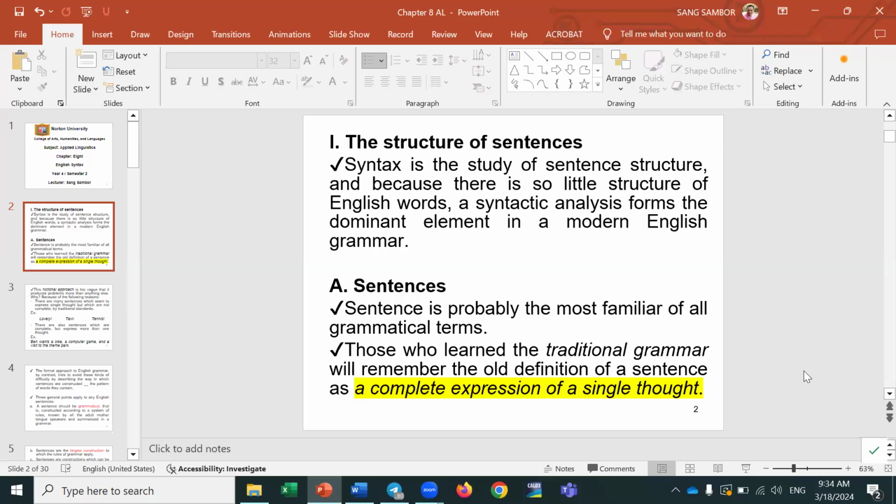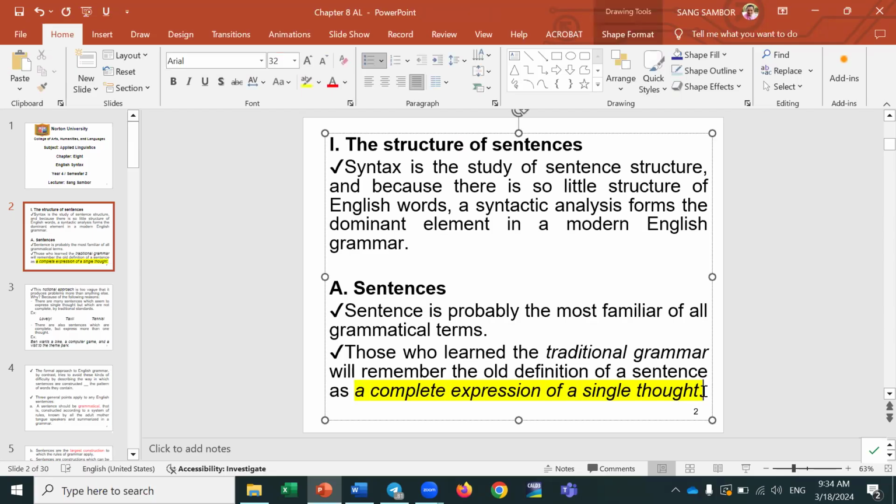Now, if you define what a sentence is, you probably say a sentence is a group of words which contains a subject and a verb, and which expresses a complete meaning. That is how you define the sentence nowadays. So the definition now seems a little bit different from the definition given in the past.